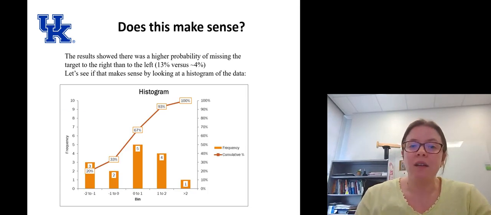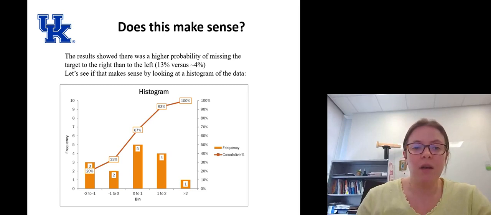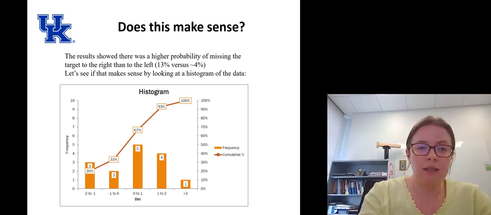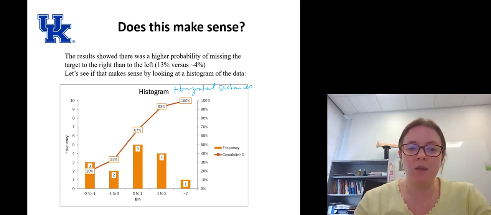So as good engineers, we always need to ask ourselves, do those numbers make sense? The results showed there was a higher probability of missing the target to the right than to the left, 13% versus roughly 4%. So let's look at the histogram based on the horizontal distances, and let's see if that makes sense.